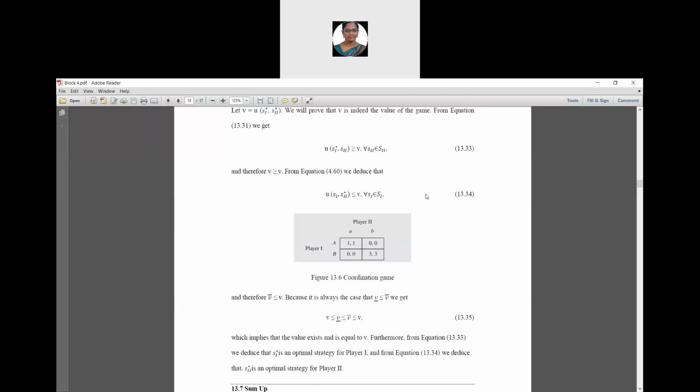Okay, here this figure represents the coordination game. And V lower bar less than or equal to V upper bar. Why?